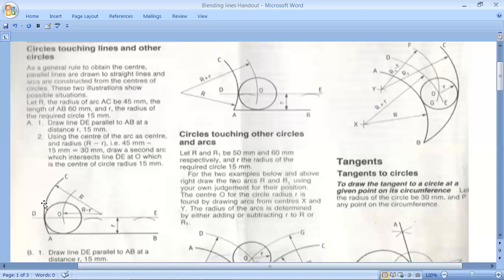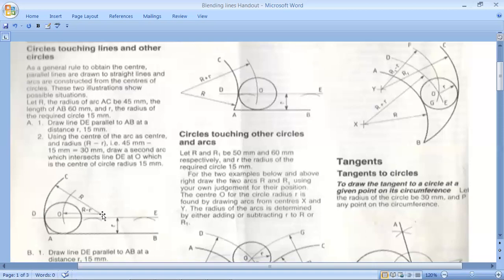If the radius of this arc or circle is 45, then from the point given here, you need to find the point where you create this arc.